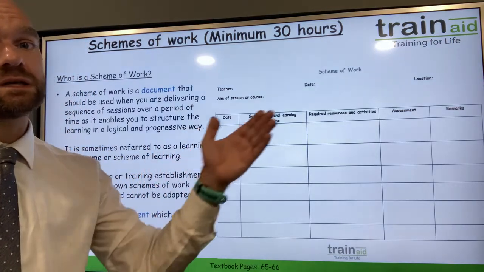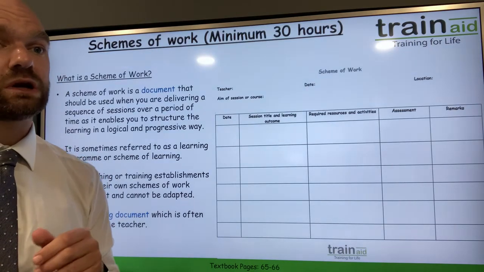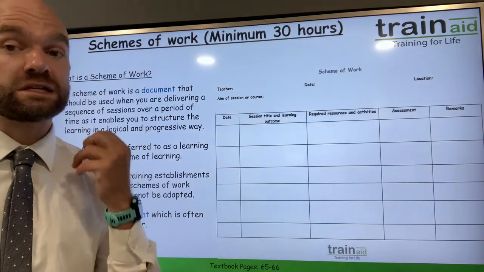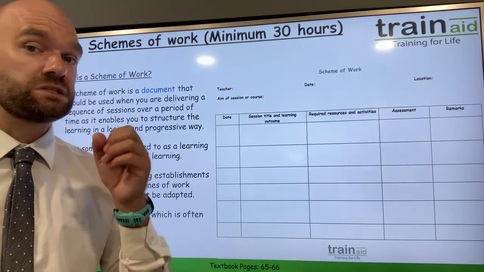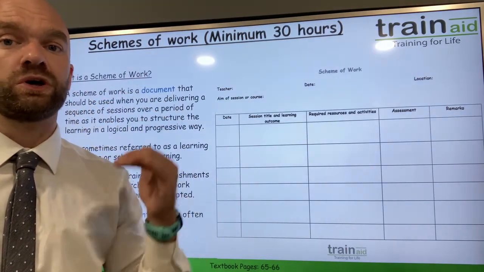As we can see, a scheme of work is a working document. A scheme of work is very much there as a guide for teachers to see how the course is broken down into manageable chunks.